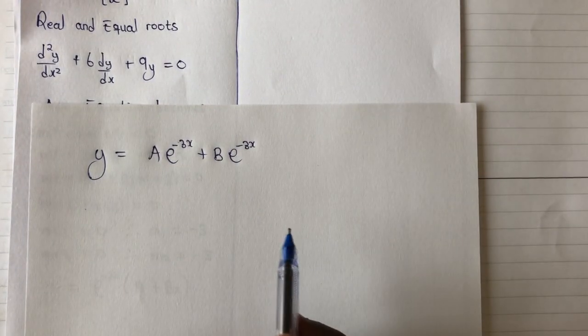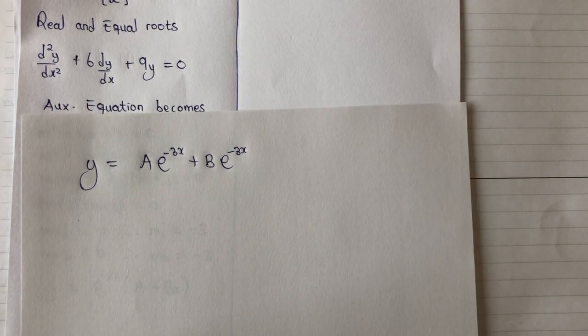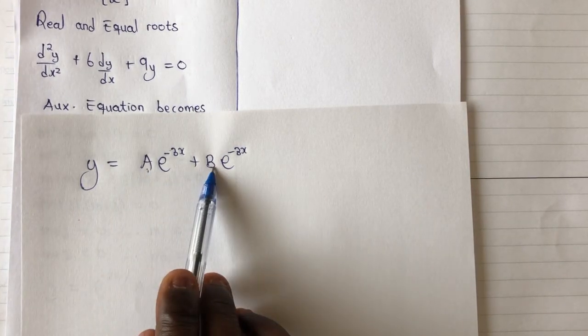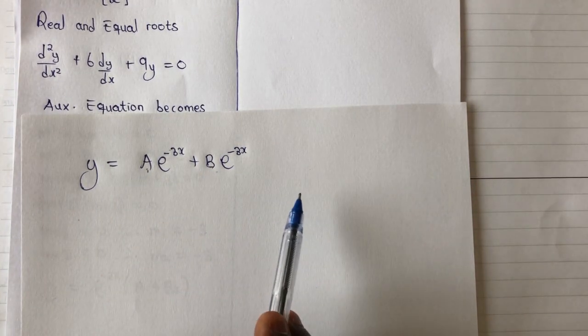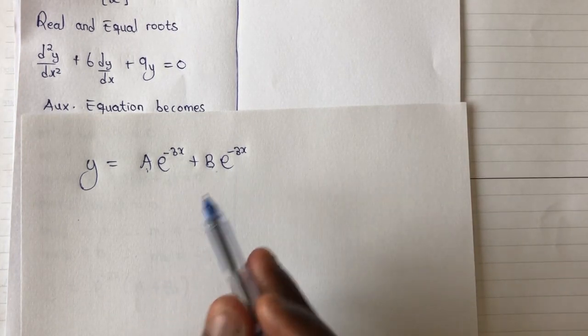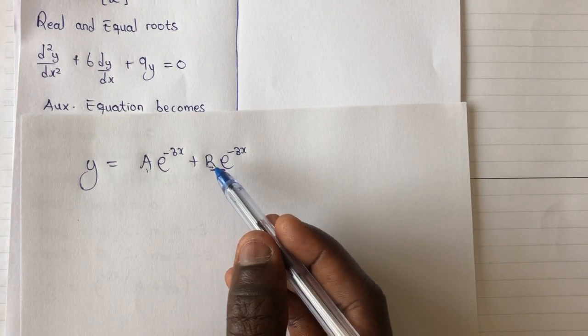This was what we did for the first one, but you should know that every second order differential equation will have two arbitrary constants, which is A and what? B. So there must be another term containing what? A constant.